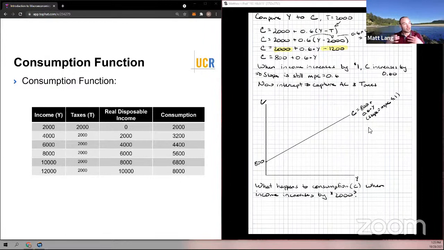So when we increase our income by $2,000, what's going to happen to consumption?